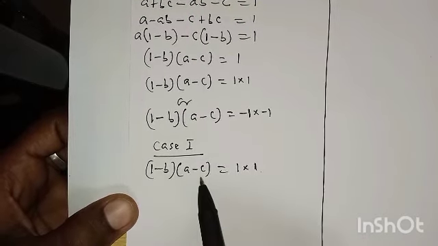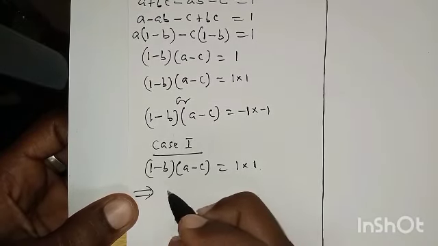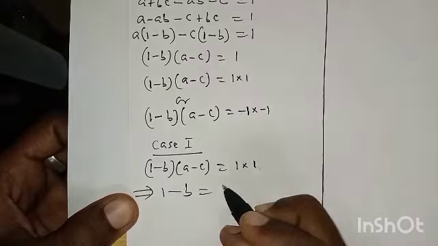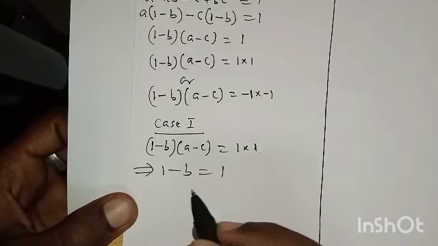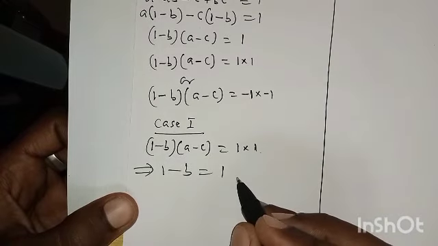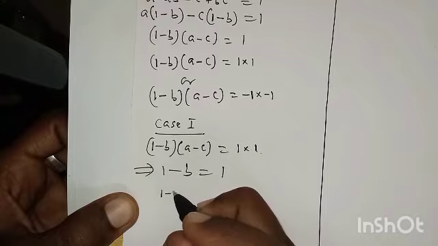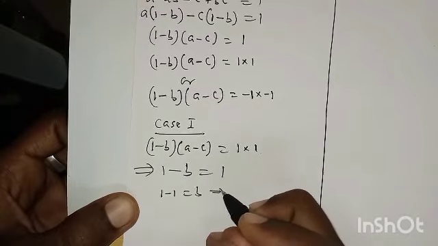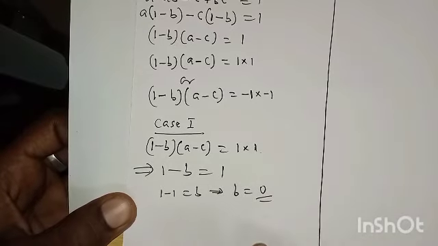Because if this one is 1, this one is 1, we are going to have 1 times 1. So this means 1 minus B is equals to 1. So from there, we are looking for B. Take B to the other side and take this one to the other side. So we have 1 minus 1 equals B, which means our B here is 0, because 1 minus 1 is 0. So B is 0.